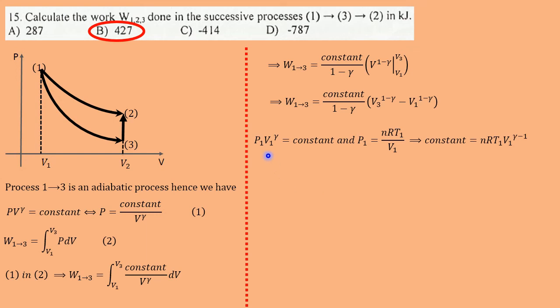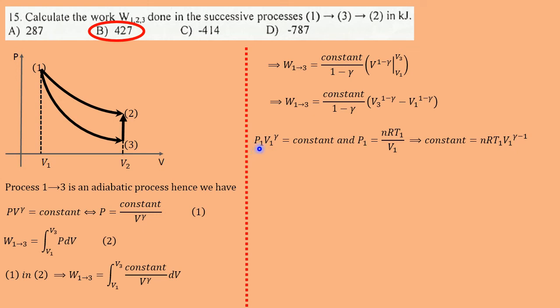So we now know that P1 V1 raised to the gamma is equal to constant, because we have the conditions. We know that if PV to the gamma is a constant, then obviously P1 V1 raised to the gamma must also be a constant. And now we can also remember that we did not have information about the initial pressure, that's the pressure at state 1.